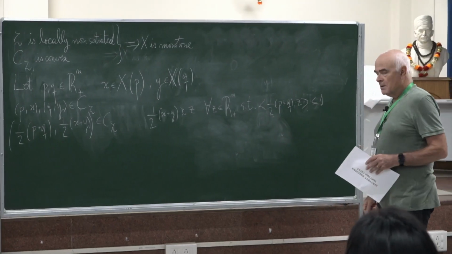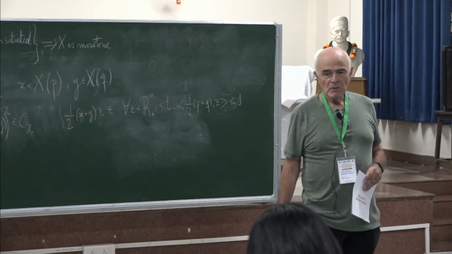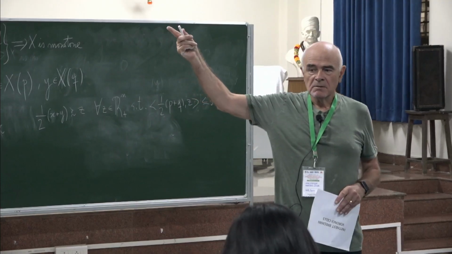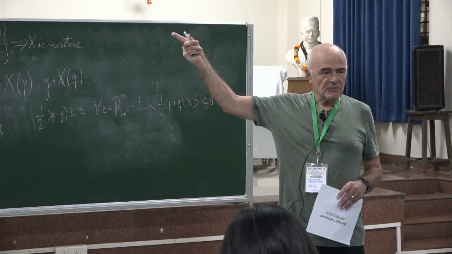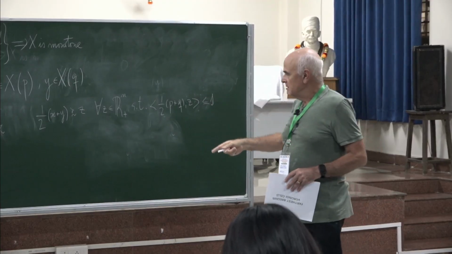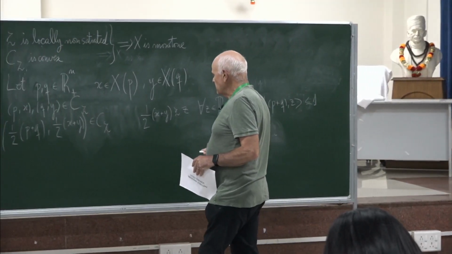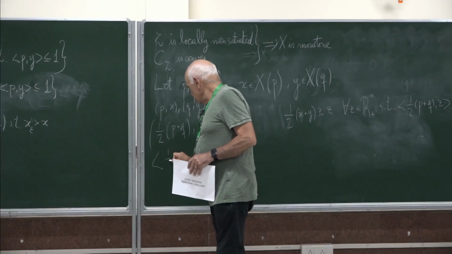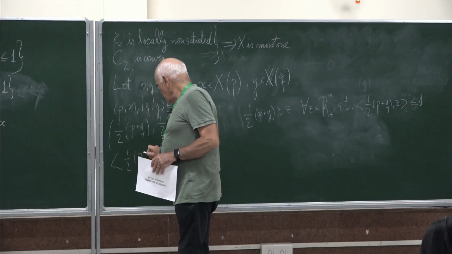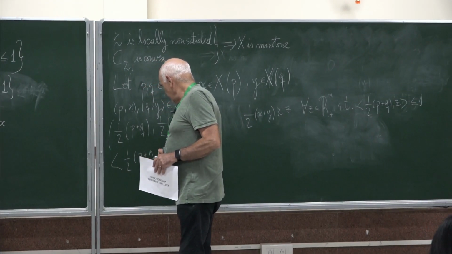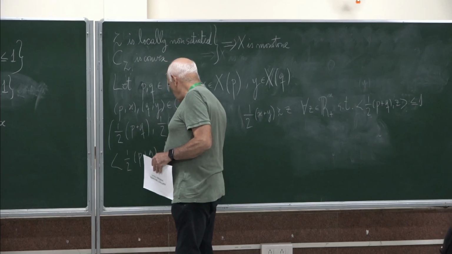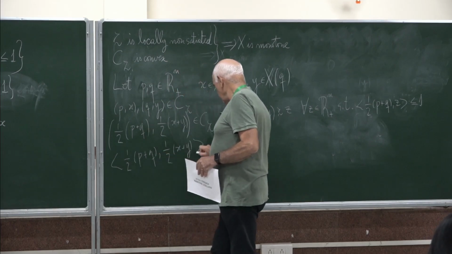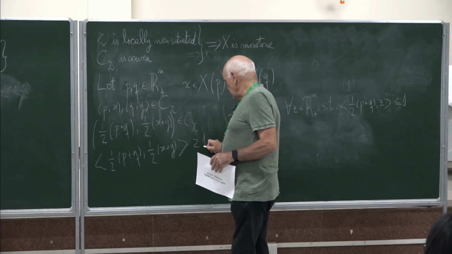Okay? And now we proceed as in the original proof, the first proof I gave you this morning. This means that 1/2 P plus Q times 1/2 X plus Y must be greater than or equal to 1.